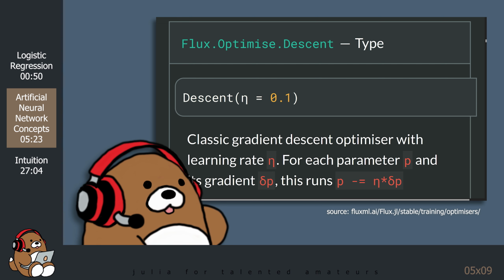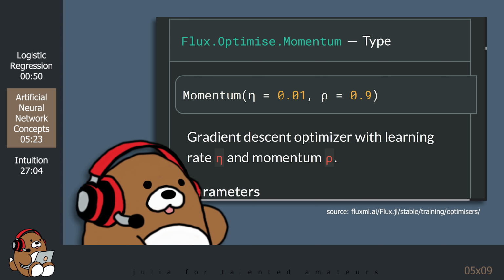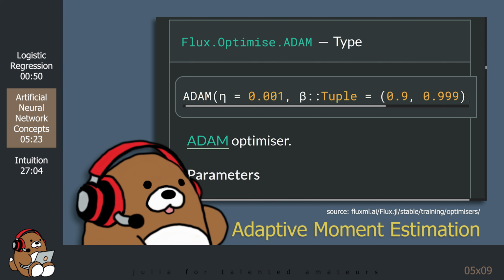Although batch gradient descent is an excellent optimizer, it is computationally expensive, so it may take a long time to train an artificial neural network model. Another common optimizer is called Momentum, which looks back at prior updates in order to calculate an acceleration for future updates. The optimizer that we used in our model is called ADAM, which is short for Adaptive Moment Estimation.